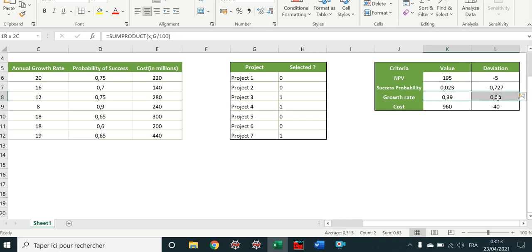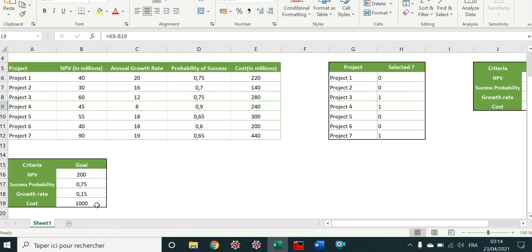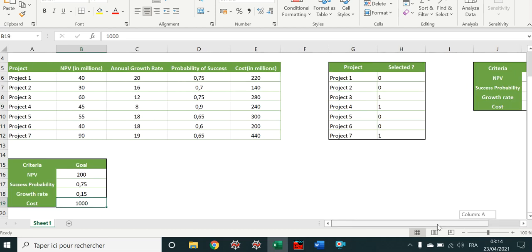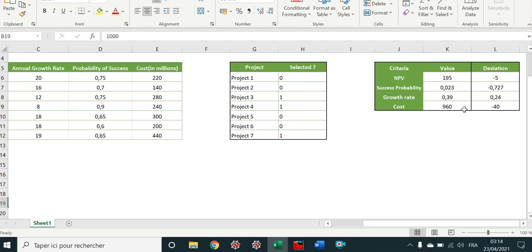We have overachieved the growth rate goal, and for the cost, we have fallen short of our budget by 40 million. We had a goal of not exceeding the 1 billion, and we have spent 960 million.